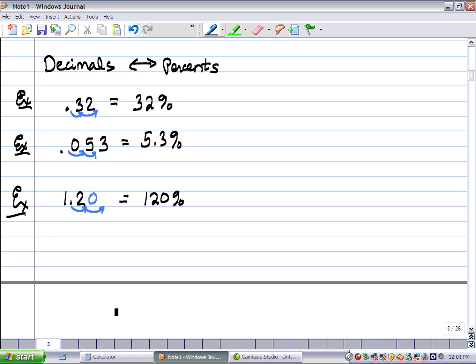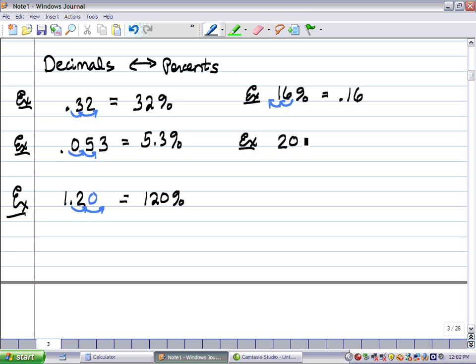Okay. Now what if I want to go the other way? Let's suppose I have 16%. I have an invisible decimal. It's here at the end. I just need to go backwards to turn it back into a decimal. So it becomes 0.16.